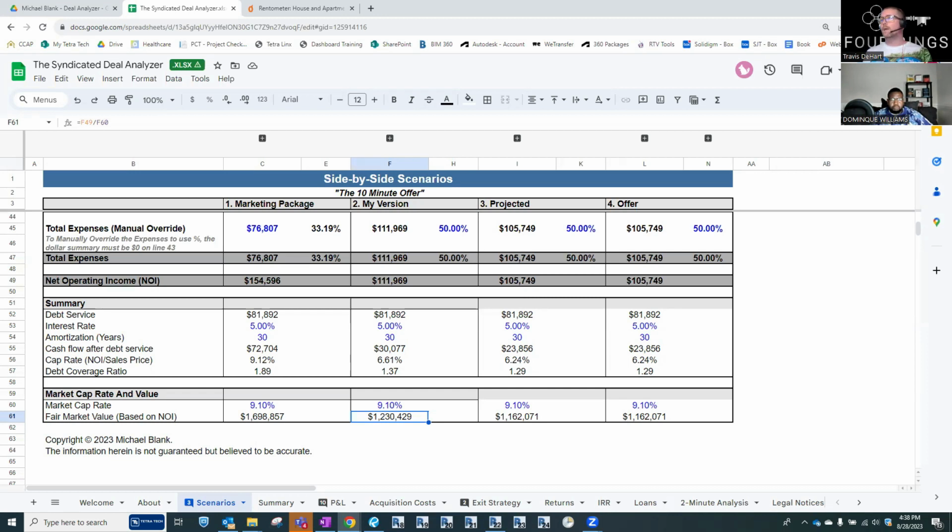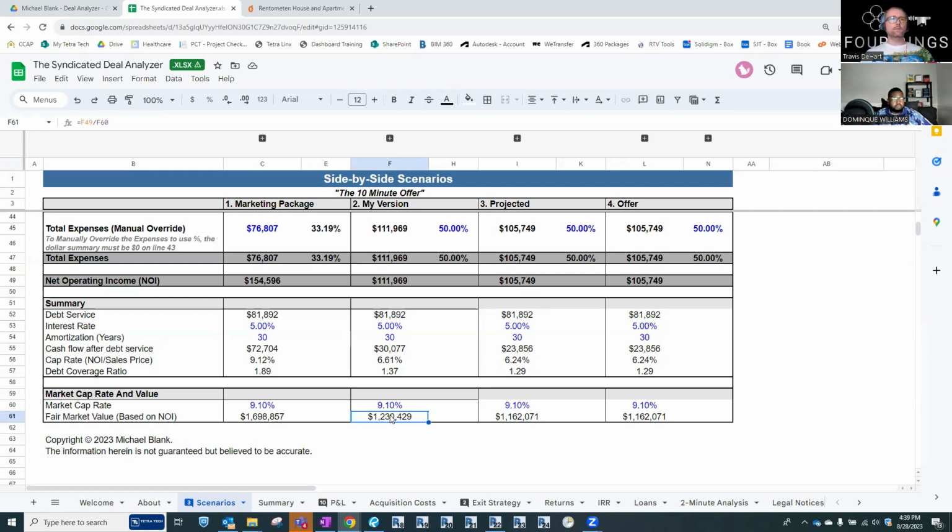And now my NOI is no longer 155,000, but 112,000. And if we still apply your cap rate of 9.1%, the valuation I'm getting is really 1.2 million. You're asking 1.7 million. That's a significant gap. What flexibility is there with the buyer? And so this right here would be your offer.